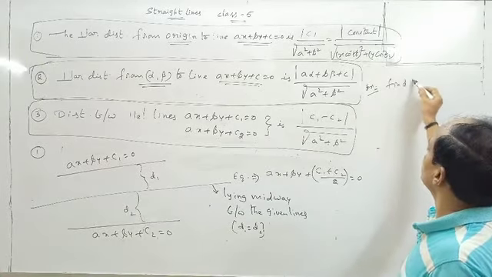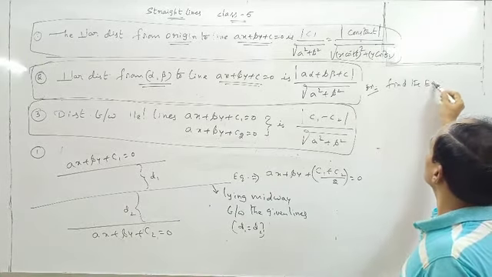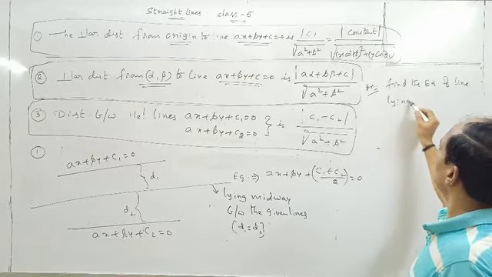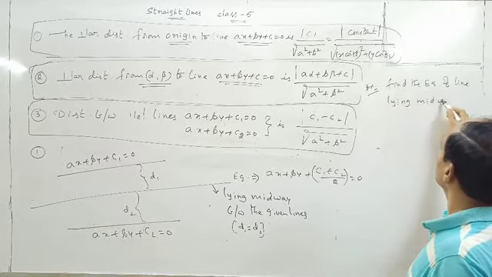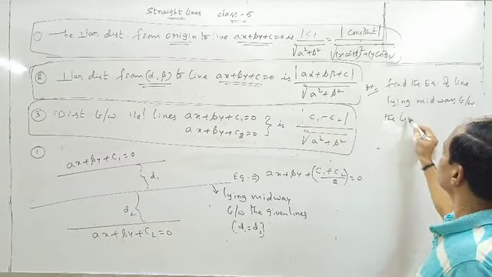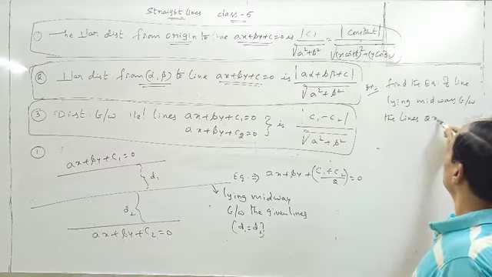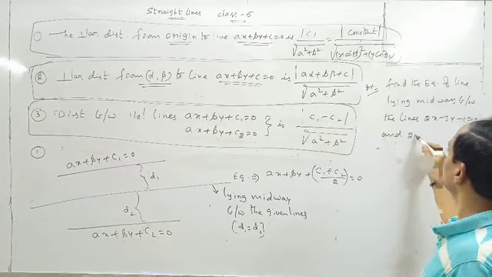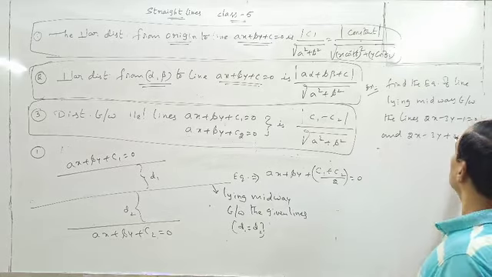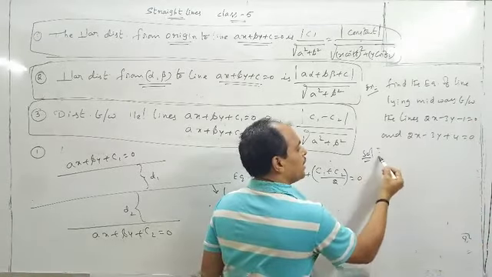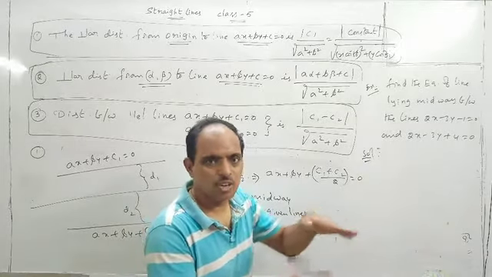Find the equation of the line lying midway between the lines 2x minus 3y minus 1 is equal to 0 and 2x minus 3y plus 1 is equal to 0. Line midway, exactly at the center.